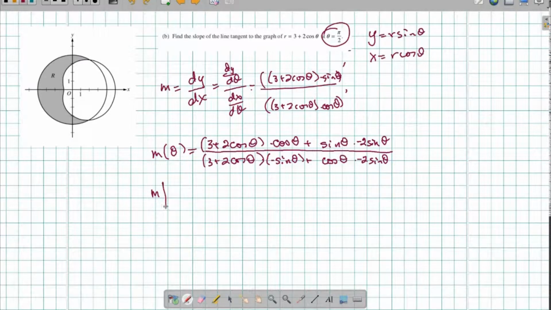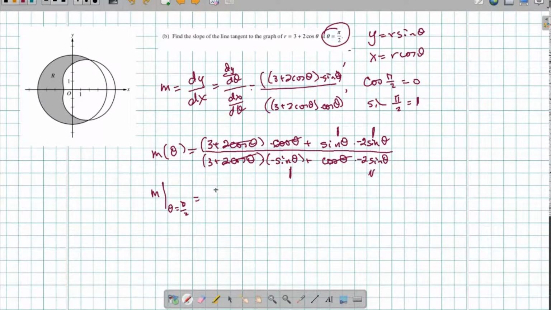If I want to figure out the slope when theta equals pi over 2, then I want to substitute pi over 2 into this. I know that the cosine of pi over 2 is 0, and the sine of pi over 2 is 1. So everywhere I see cosine of pi over 2, that term is going to go away, and whenever I see sine of pi over 2, that term is going to be 1.